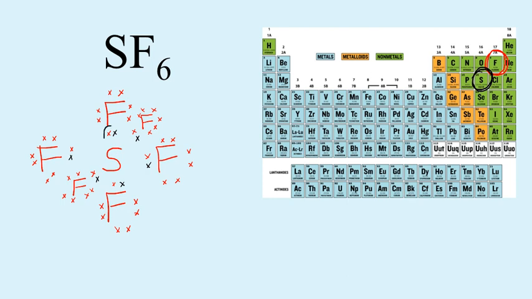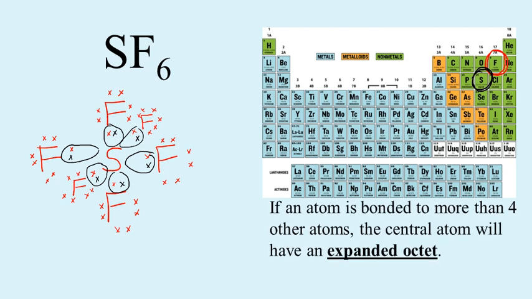If I look at those bonds, here's one bond, here's a second shared pair. We have 3, 4, 5, and 6 shared pairs. And so this seems like sulfur is actually breaking the octet rule. But really, if an atom is bonded to more than 4 other atoms, there's not really any other way to do this.